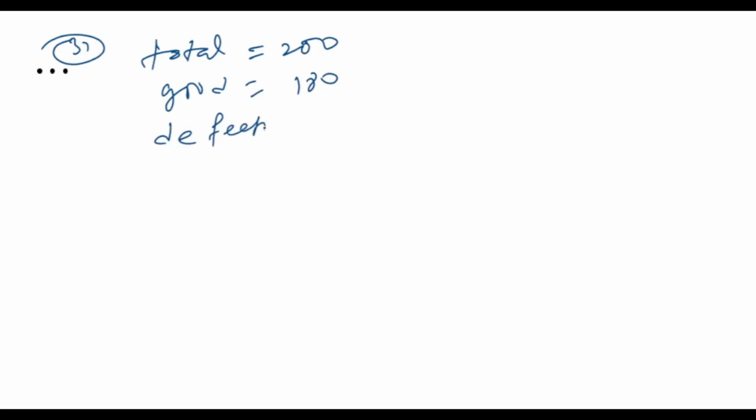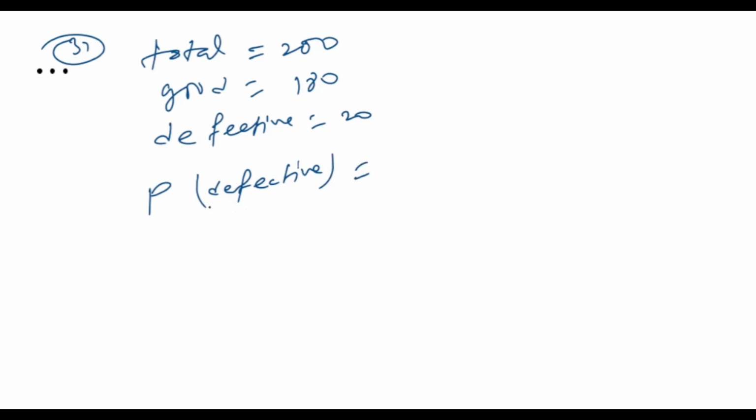Now to solve this question. Here first of all, the total sample is equal to 200. Out of them good pens are 180, so defectives are 20. Probability that the customer will not buy: so probability of defective, because if the shopkeeper gives a defective pen, then the customer will not buy.